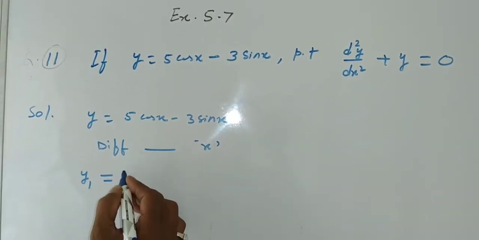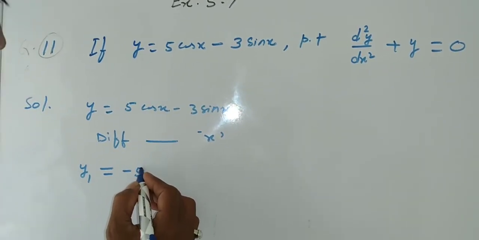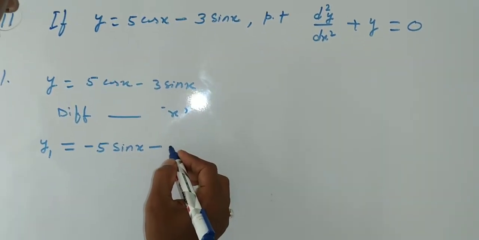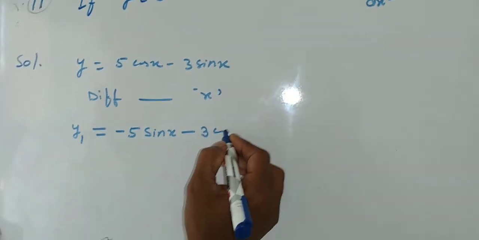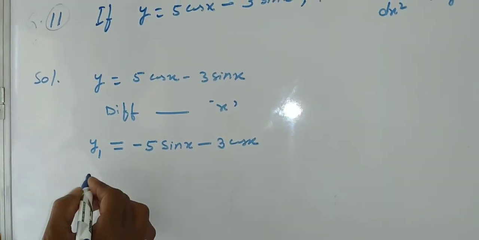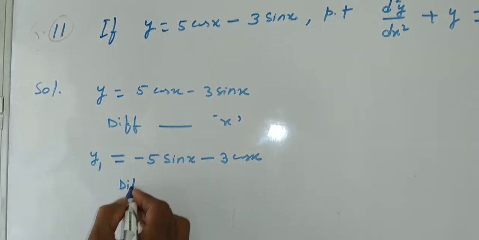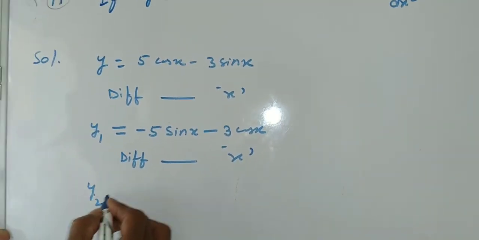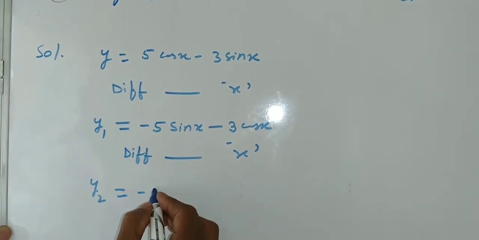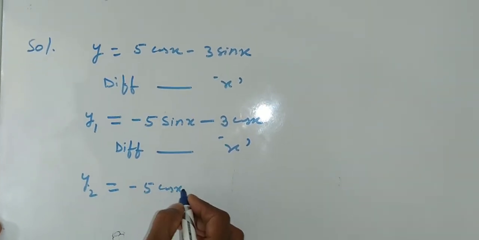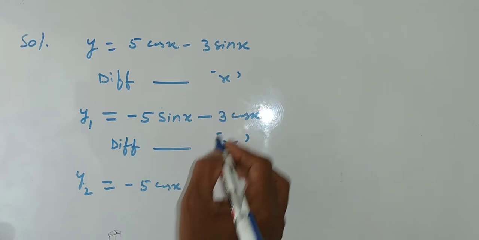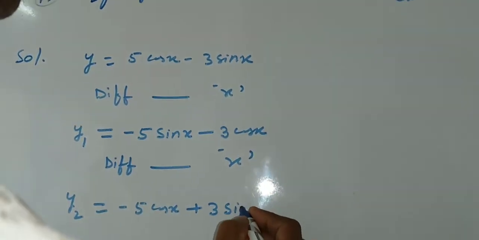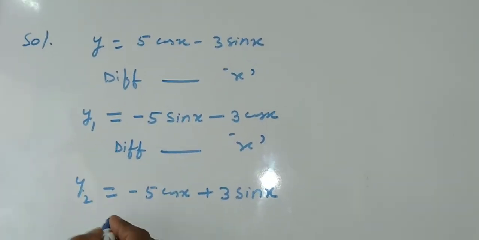So here minus 5 sin x minus the derivative of sin x, cos x, so 3 cos x. Once again differentiating both sides with respect to x, y2 will come. y2 equals minus 5 cos x, and the derivative of cos x is minus sin x, so plus 3 sin x.